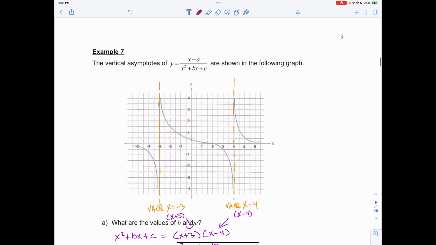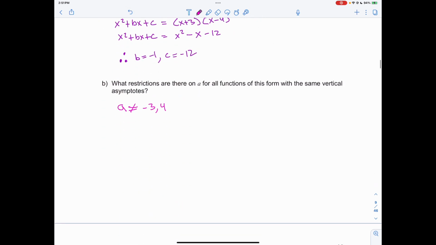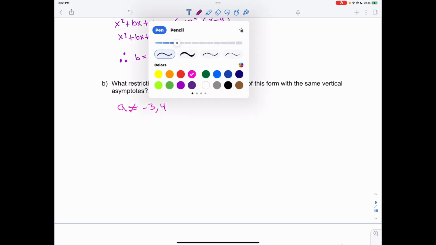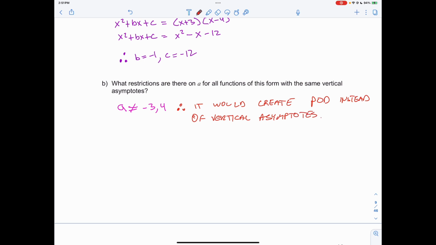The reason we know this is because if A is equal to negative 3 or 4, then it would cancel out from these factors, which means that if A was equal to negative 3 or 4, it would create points of discontinuity instead of vertical asymptotes. And that's it.